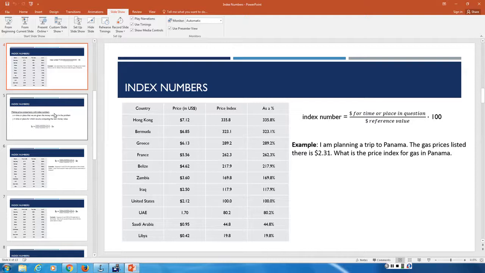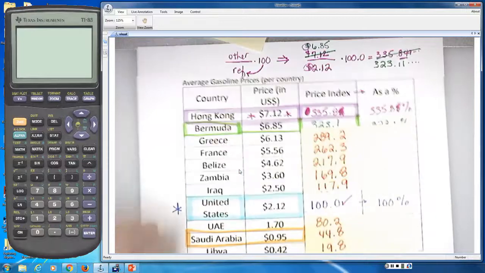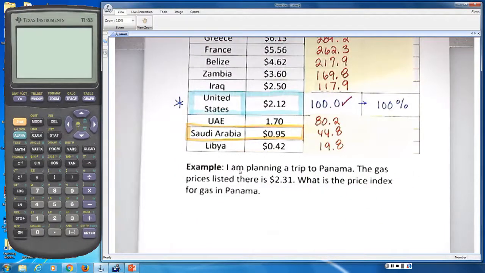What is their CPI? Now notice that Panama is not in the table, but they've given me the information that would work for Panama. So I could add Panama to the table if I wanted to, simply by using the formula.